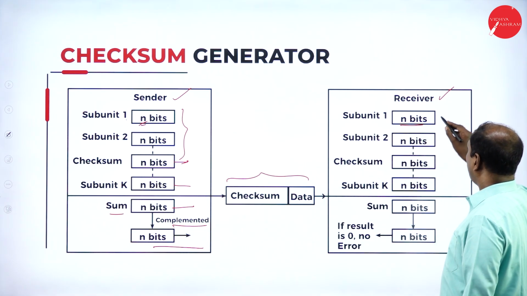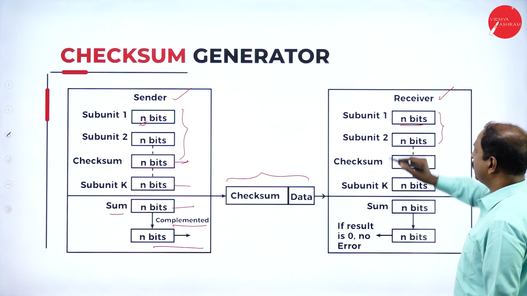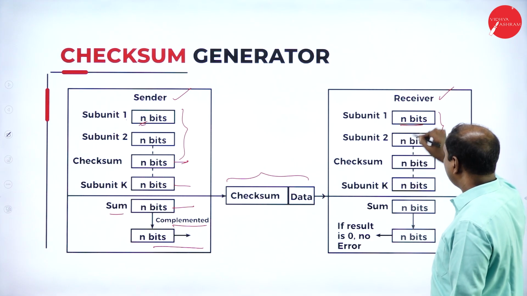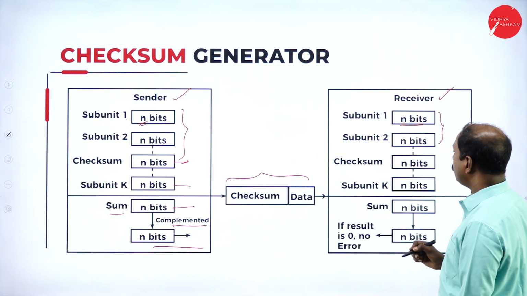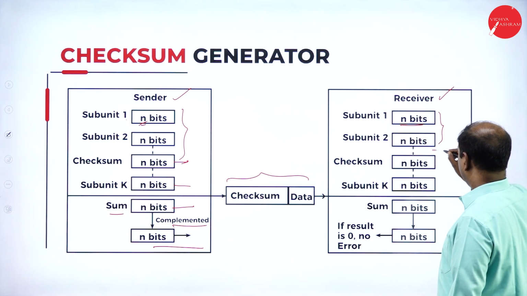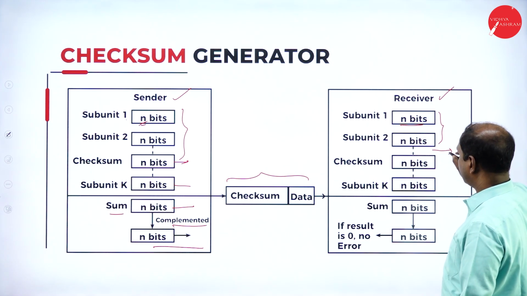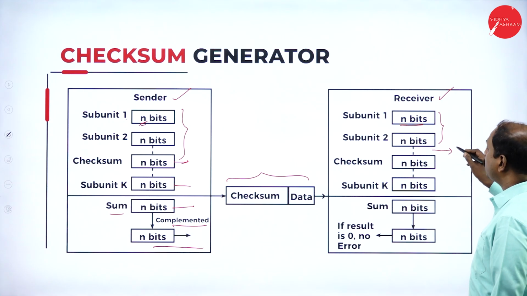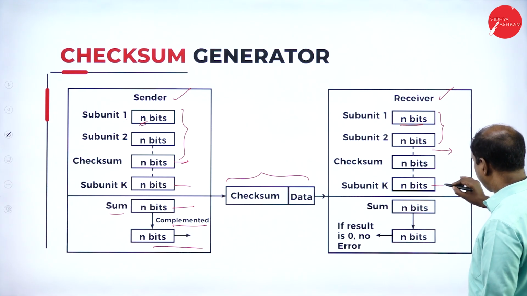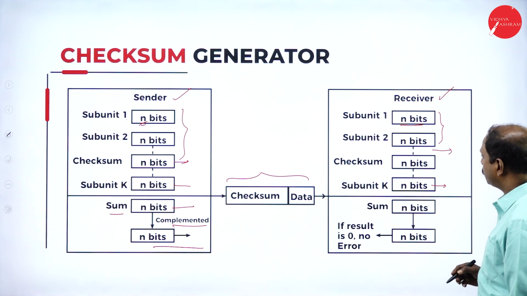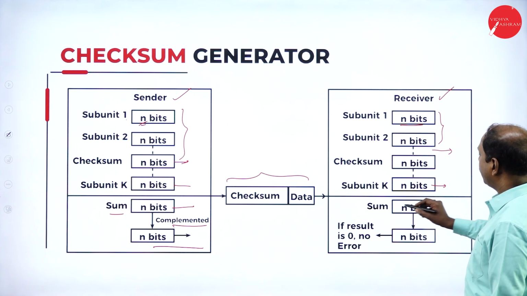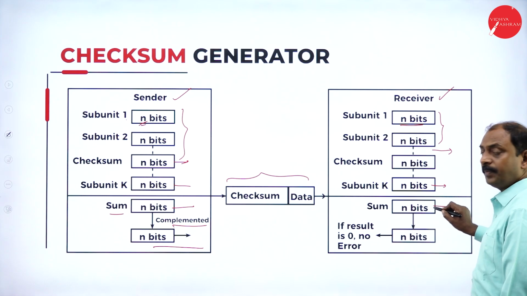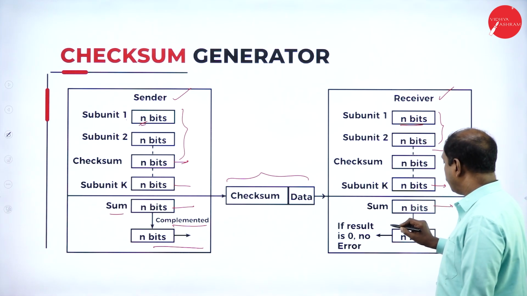Again, we have to add these two, section 1 and section 2, the data of section 1 with n bits. We will get the sum, and we have to complement the sum. Again, what we get from here has to be added to the next section, up to section K. Then we get the sum, and whatever sum is generated has to be complemented.